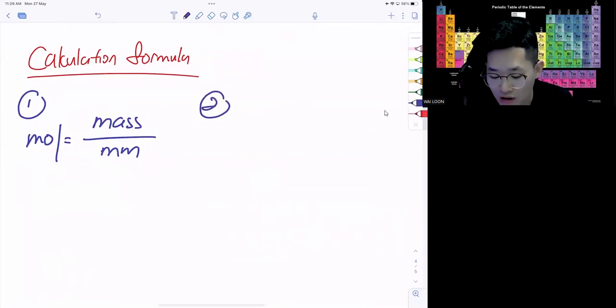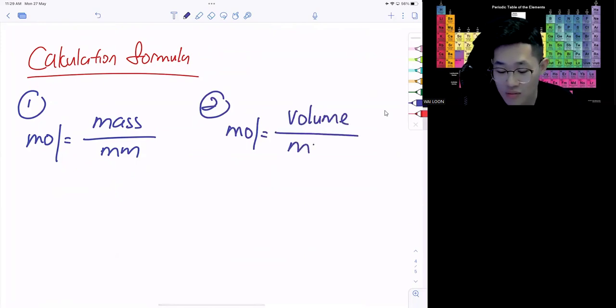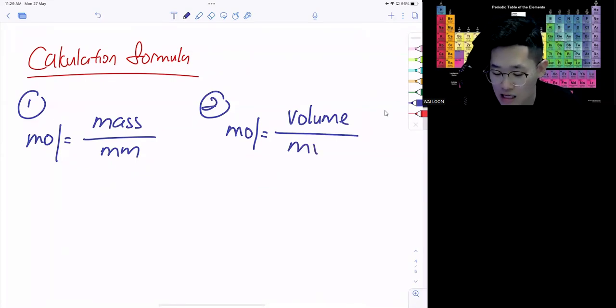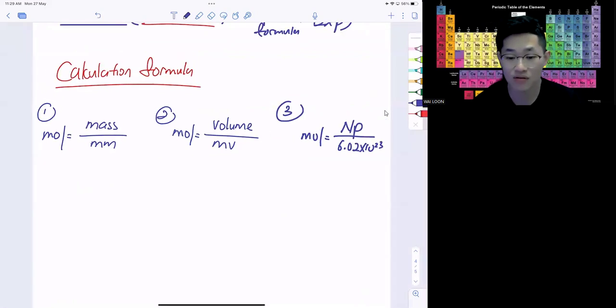Number two, mole equals to volume over molar volume. And number three, mole equals to number of particles over the Avogadro's constant, which is usually 6.02 times 10 to the power of 23.